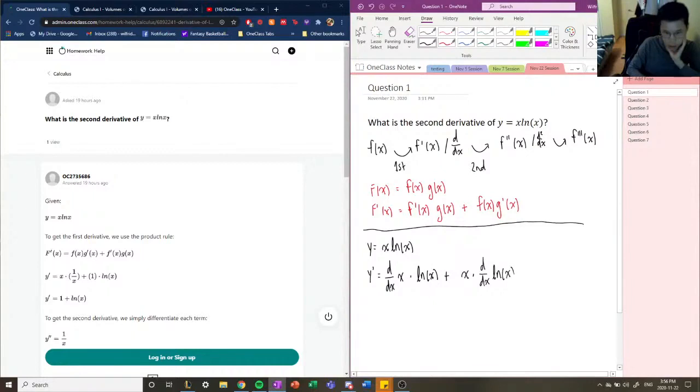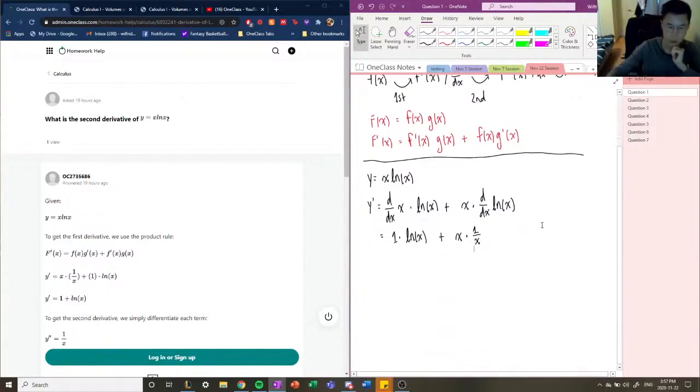That would equal 1 times ln x plus x times 1 over x. If we simplify this together, we get ln x plus 1.